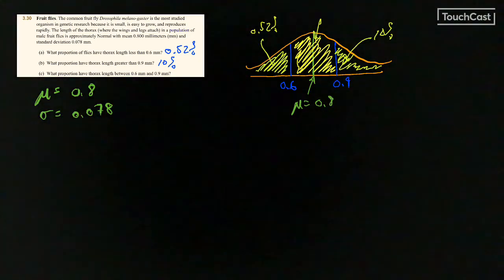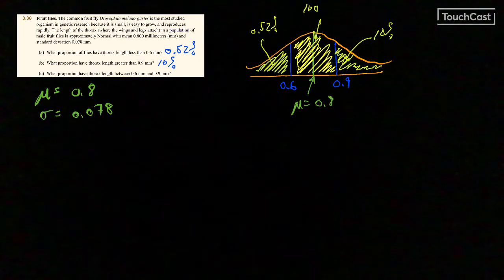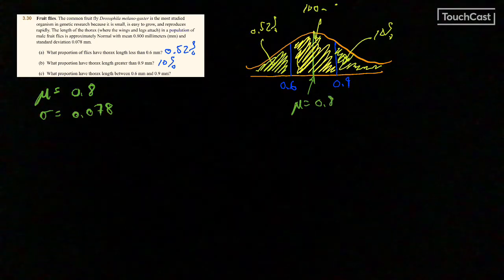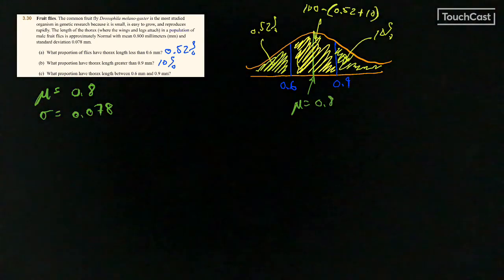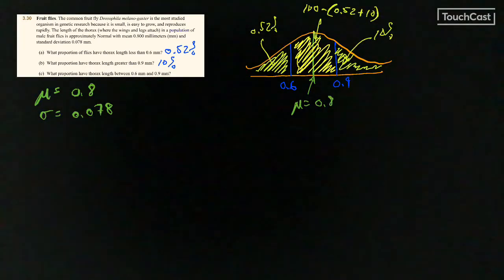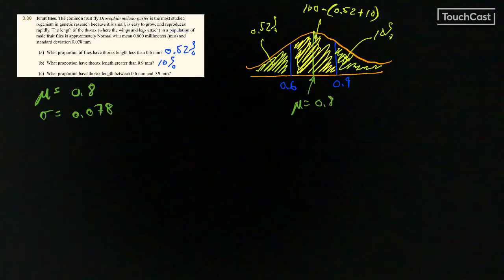So this is going to be 100% minus 0.52 plus 10. I'm adding the two tails up and subtracting from 100 because I know that everything has to add up to 100.